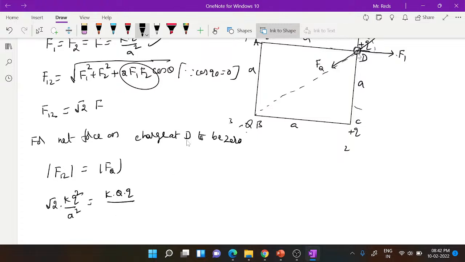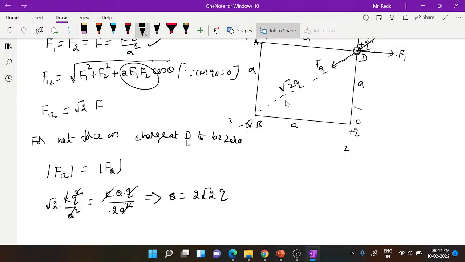The diagonal distance will be root 2A, so that is root 2A whole square, which is 2A square. To simplify, K cancels, one q cancels, A square also cancels. So capital Q is equal to 2 root 2 small q.